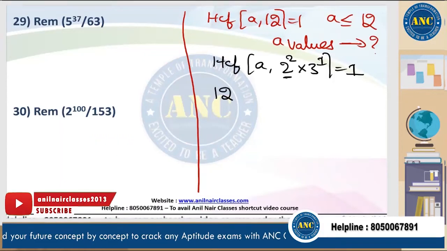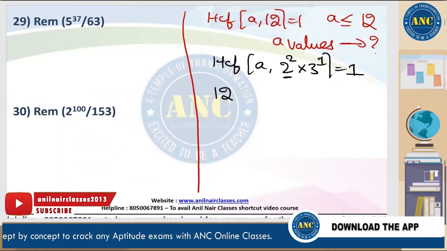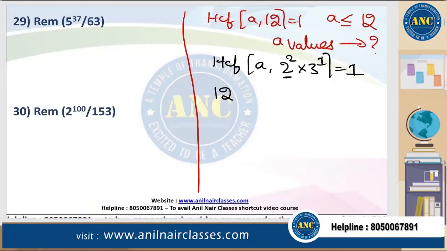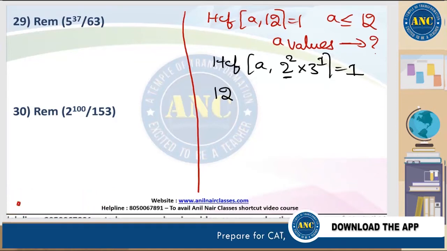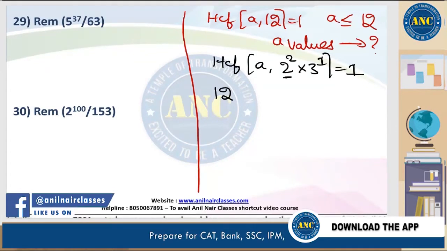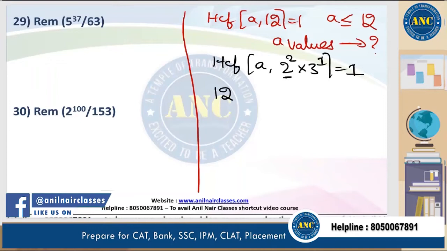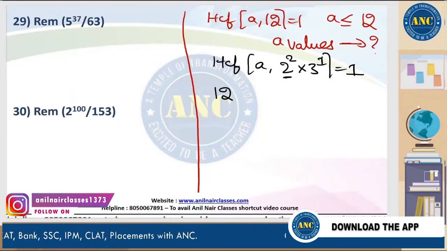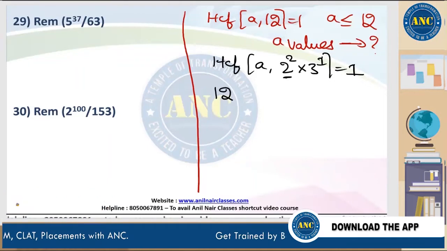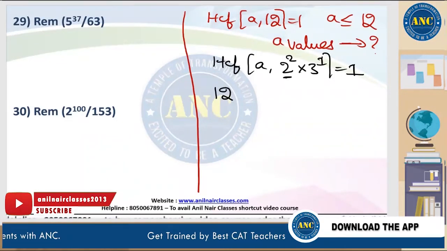For every two consecutive numbers that come into your mind, one will be divisible by 2. Am I right? 3 comma 4: 4 is divisible by 2. 8 comma 9: 8 is divisible by 2. 5 comma 6: 6 is divisible by 2. For every two numbers, one number is divisible by 2.